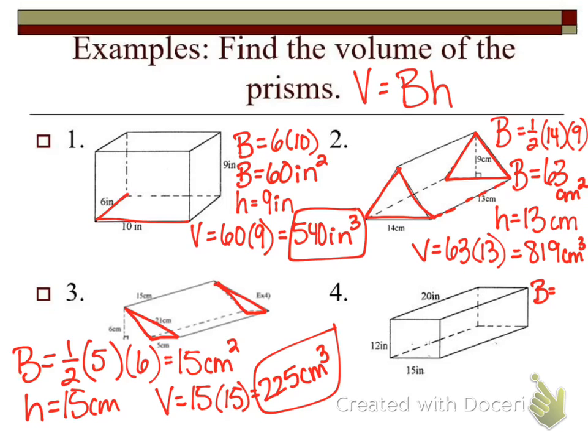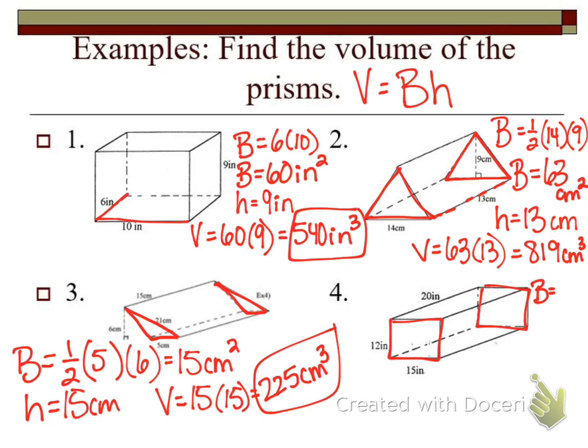So you get to choose if your base is going to be this rectangle facing front here. Do we want to use that as our base, or do we want to use the bottom one? First one? Okay. It doesn't really matter. You just kind of have to choose. I would maybe highlight which one you're using as your base, kind of like I did with the triangles. Highlight which two you're using as your base.